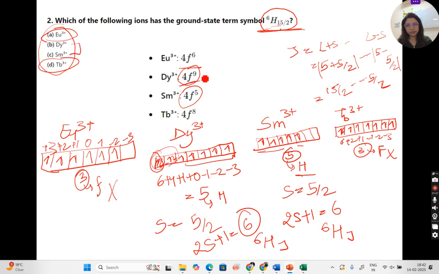In the case of more than half filled, we go with the value of L plus S, which is 15 by 2. In the case of less than half filled, we get L minus S, which is 5 by 2. So the correct answer we get is Dy.